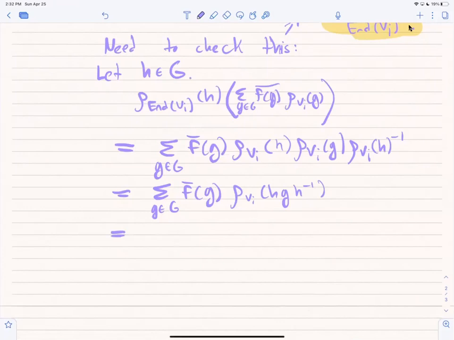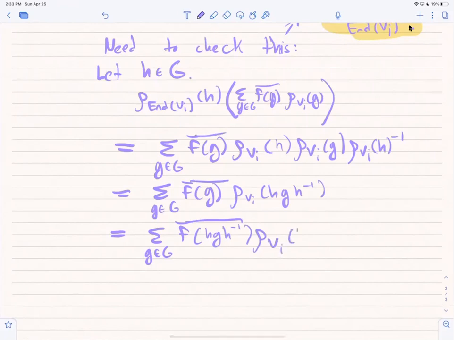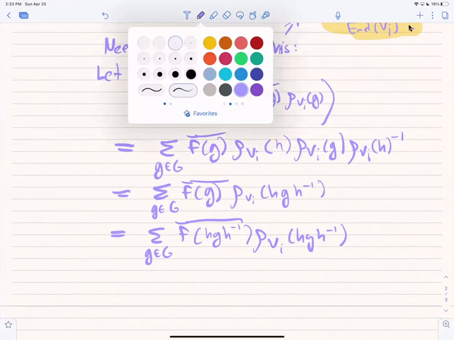Okay, but now we're set, because f bar of g is equal to f bar of hgh inverse. Sorry, f of hgh inverse, because f is a class function.